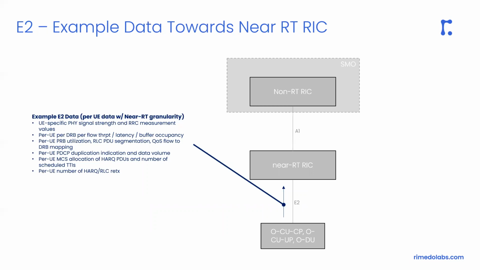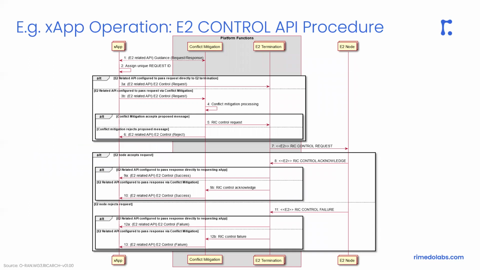So very granular data coming up from the O-CUs with a periodicity of 10 milliseconds or more, so that the near real-time RIC could actually make proper decisions on what to do with a particular functionality. What is important here again is that we have this conflict mitigation function that is very important here. That's a control procedure coming up from the standard.